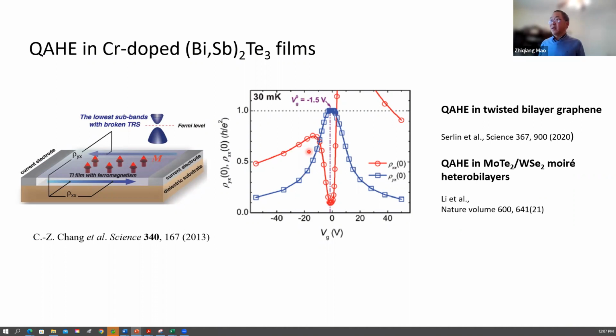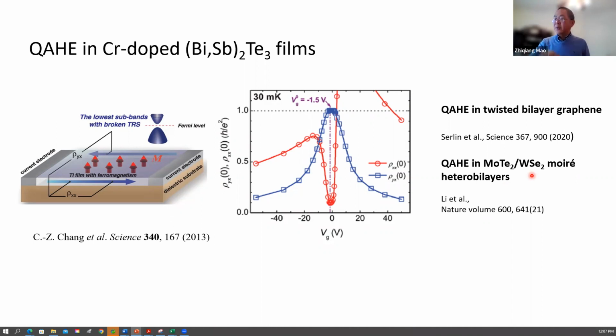Recently, such a quantum state was also observed in other material systems, including twisted bilayer graphene and MnBi2Te4 and WTe2 heterostructures. These are recent works just mentioned here. I'm not showing you the detailed results.